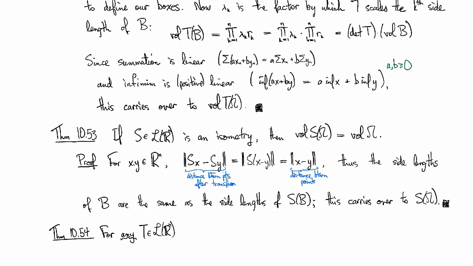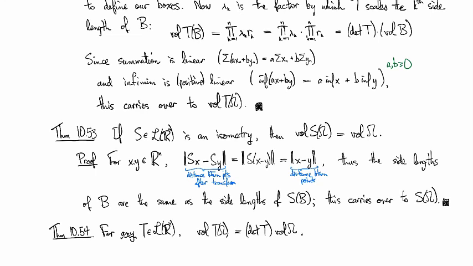Okay, so for any linear operator on R^n, the volume of the image of omega under T is the determinant of T times the volume of the original set before the transformation. And with the tools that we have in hand now, it's pretty straightforward.